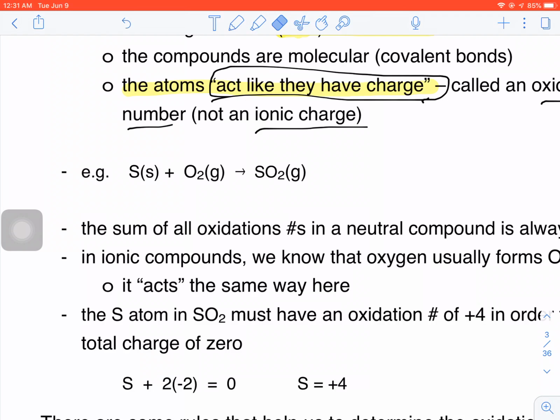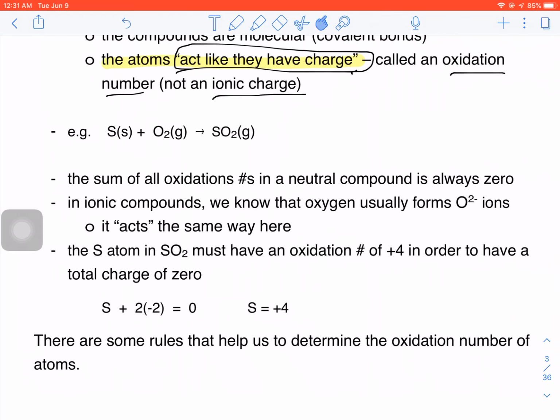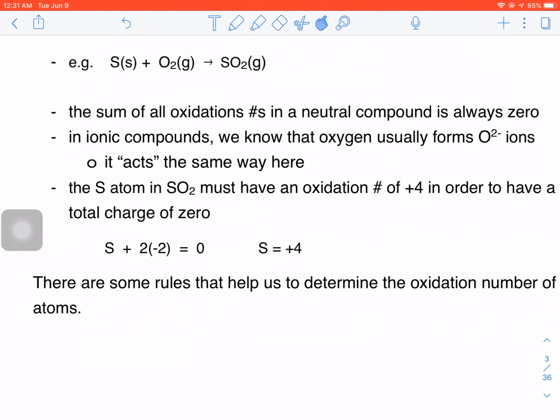Oxidation numbers represent the artificial charge. It's the charge that the atom feels like it has, even though it hasn't really gained or lost any electrons.